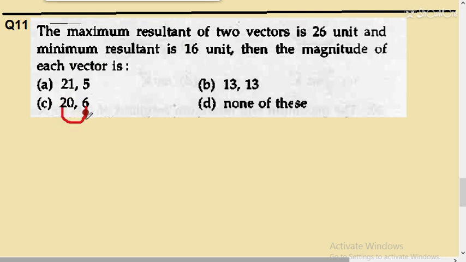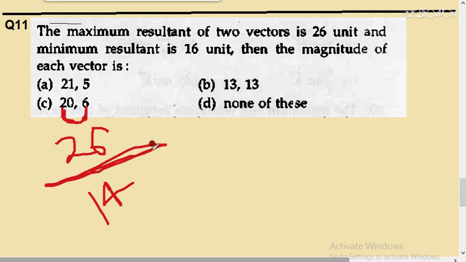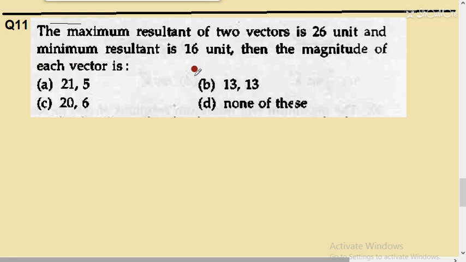Here the maximum magnitude is 26. The maximum magnitude for option number C is 26. The minimum magnitude will be the first vector minus the second vector, simple subtraction. 26 is the magnitude when the angle between them is 0 degrees, and 14 is the magnitude when the angle between them is 180 degrees. So option number C is eliminated. You can directly take option number A.